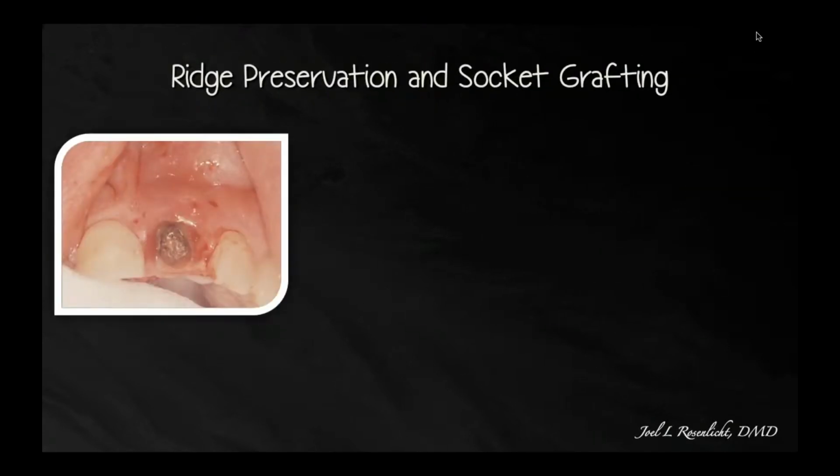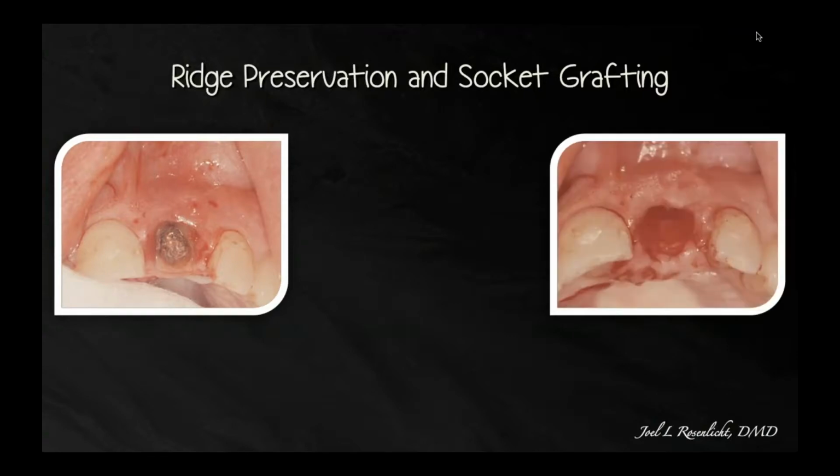So we've got a tooth that's broken down and needs to come out. We want to atraumatically extract it. I actually use an instrument called a power tome, which is nothing more than a hydraulic periotome. We'll talk about that in the next one when we talk about technology. You can use extractors, you can use piezo surgery, whatever your favorite method is of atraumatically extracting teeth, I think you should do that.